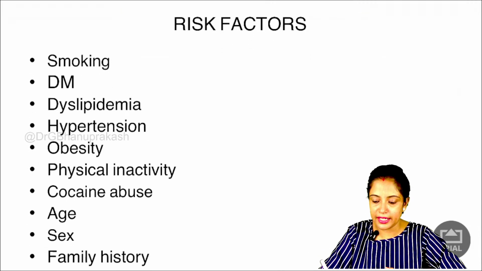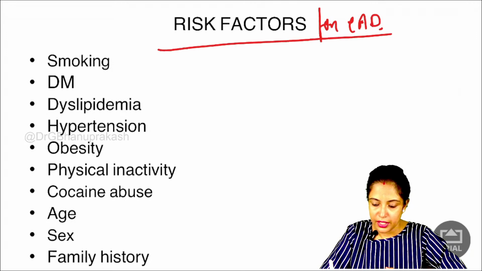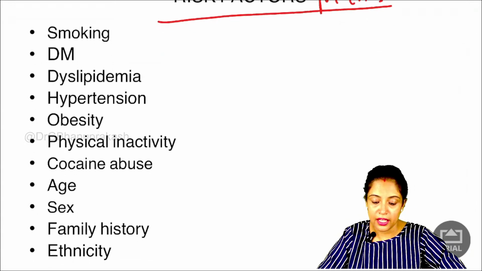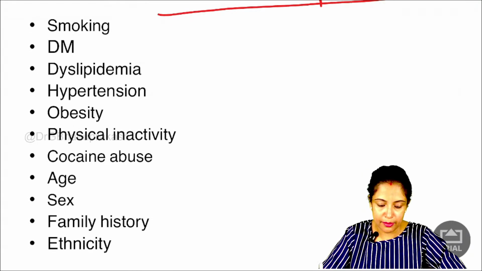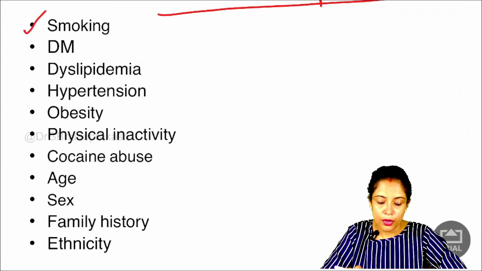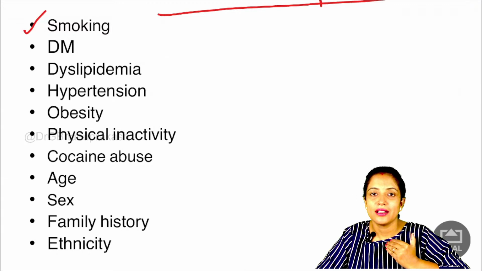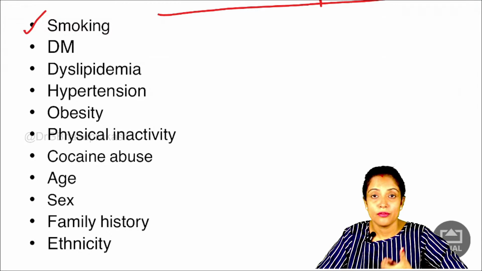Talking about the risk factors for CAD. The risk factors can be modifiable or non-modifiable, as I have already discussed. A very important risk factor is smoking. Smoking causes endothelial dysfunction, causes destabilization of the atheromatous plaque, and causes vasospasm.